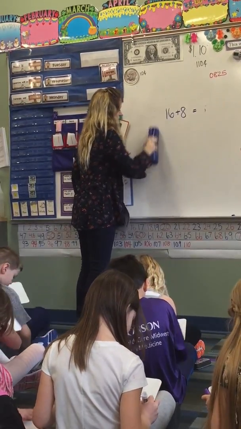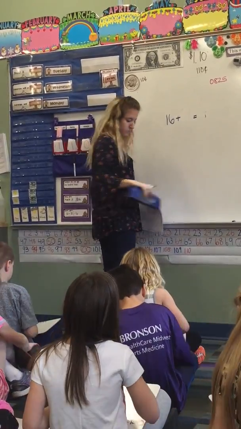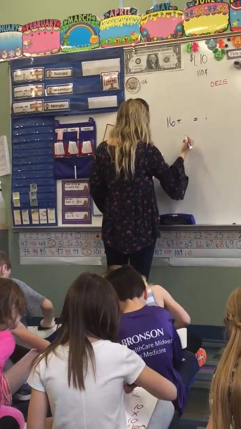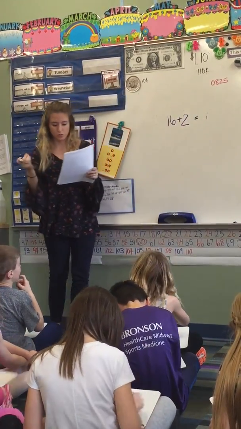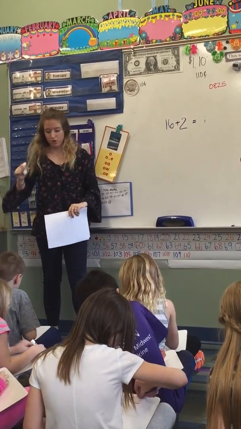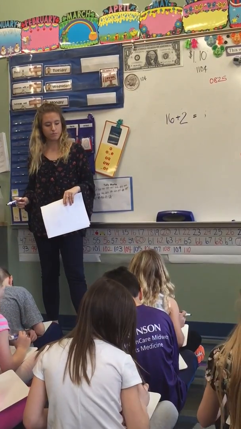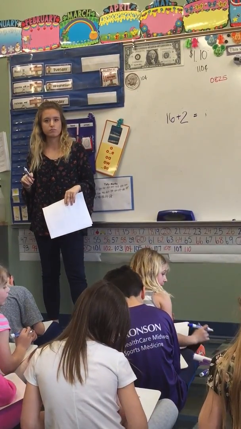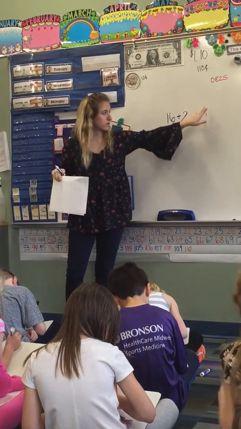We're going to backtrack just for a second. We're going to go back to where we were, and look at the first problem that we originally started with, which was 16 plus 2. Write that on your board. Make sure you write 16 plus 2 equals blank.